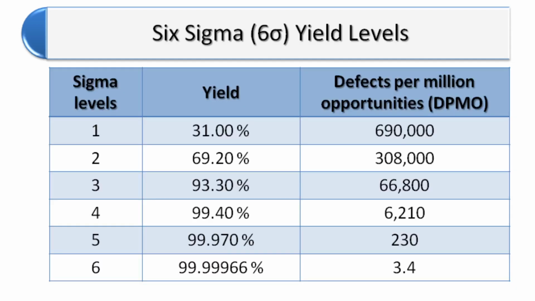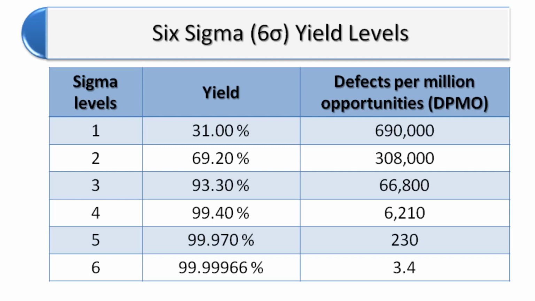Next, how many levels are there in Six Sigma? Basically there are 6 Sigma levels. Here this table shows the Sigma levels, the yield, and the defects per million opportunities, that is DPMO. So if you see Sigma level 1, the yield you will get is 31%.